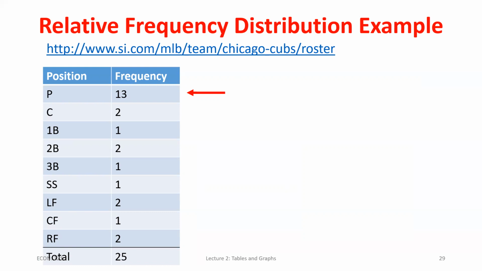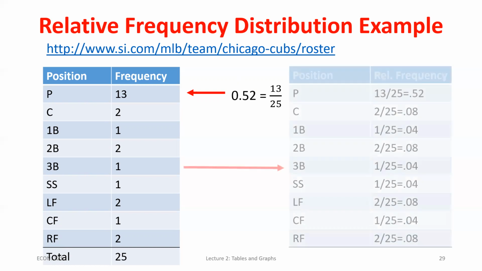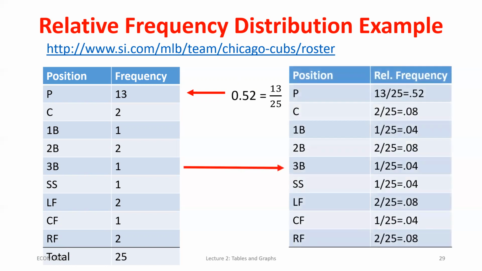My relative frequency would just be 3 divided by 10. So here, if I wanted the relative frequency for pitchers, I would take that 13, that frequency, and divide it by 25, the total number of observations, which I have calculated down here. And then I just go through and do that for every single position. I divide every single frequency by 25, and now I've got my relative frequencies.